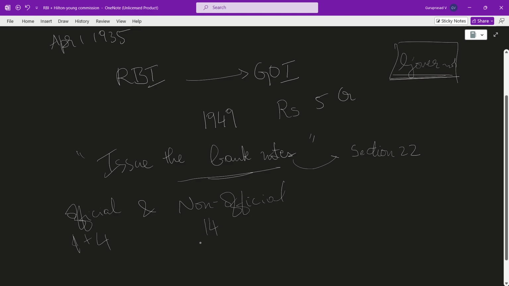In this, 10 directors represent different sectors of the economy, such as agriculture, industry, trade, and professions. And one director is from each of the four local boards.